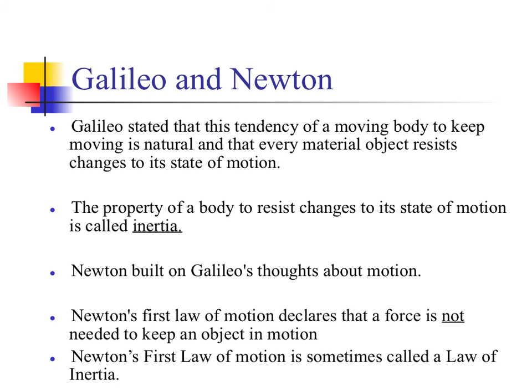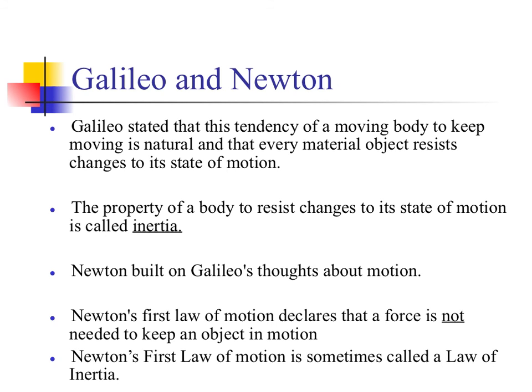Newton's first law says that a force is not needed to keep the object in motion, and that's important. Once I stop moving an object across and let my hand away from it, once that interaction is gone, the motion is no longer there, Galileo said, meaning motion should stop. Newton said no, it will keep moving until the net force ends up being zero.